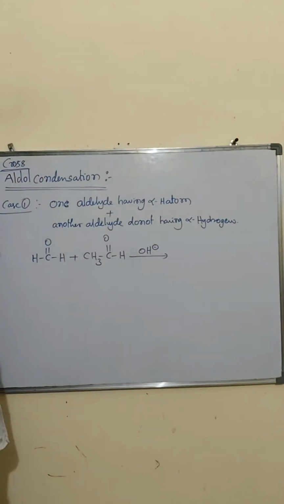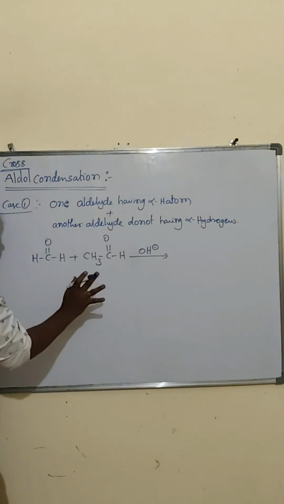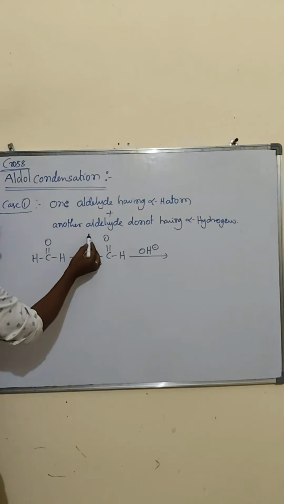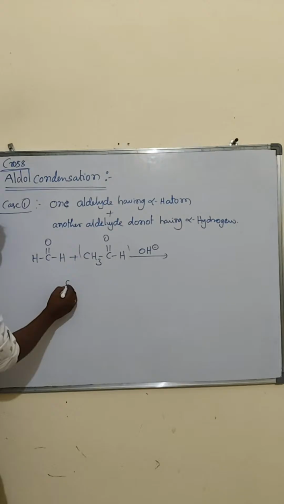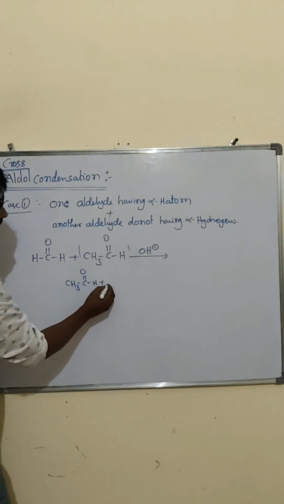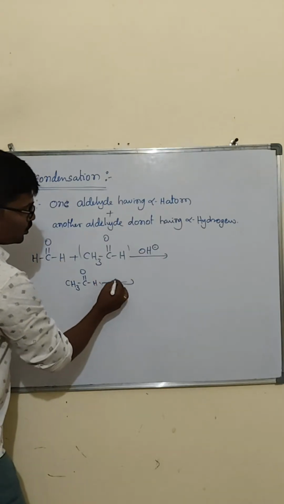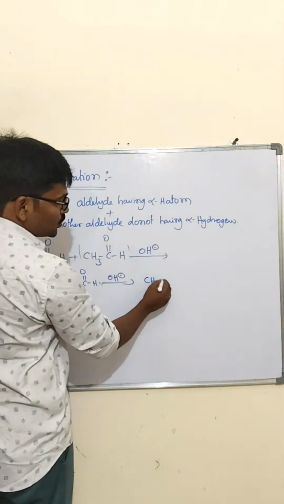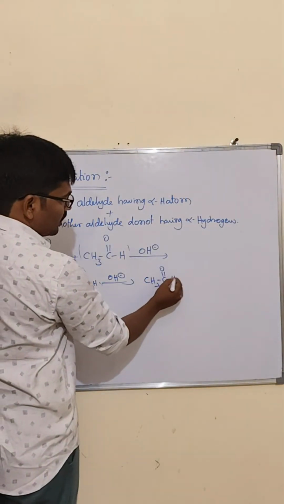Clear? So how does it take place, what is the reaction? CH3 C double bond OH reacts with a base, OH minus, then a carbanion CH2 C double bond OH is formed.